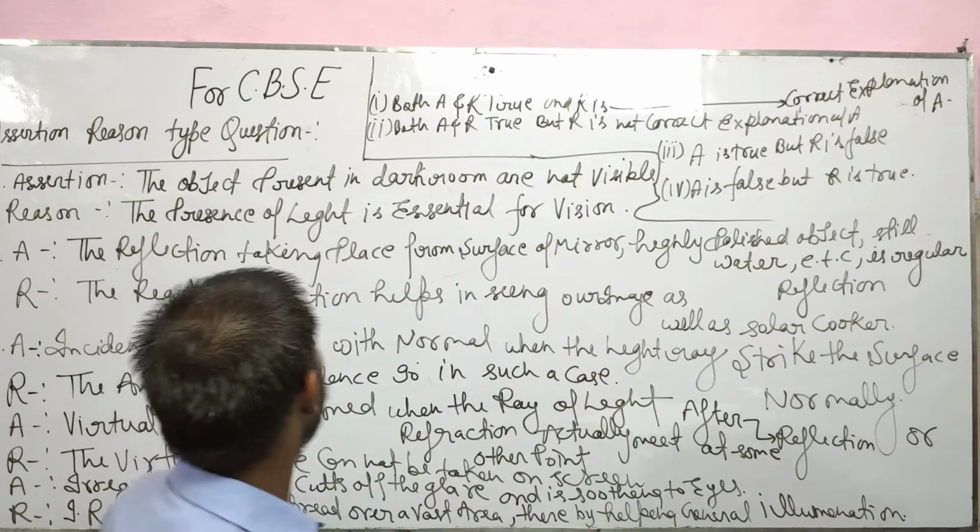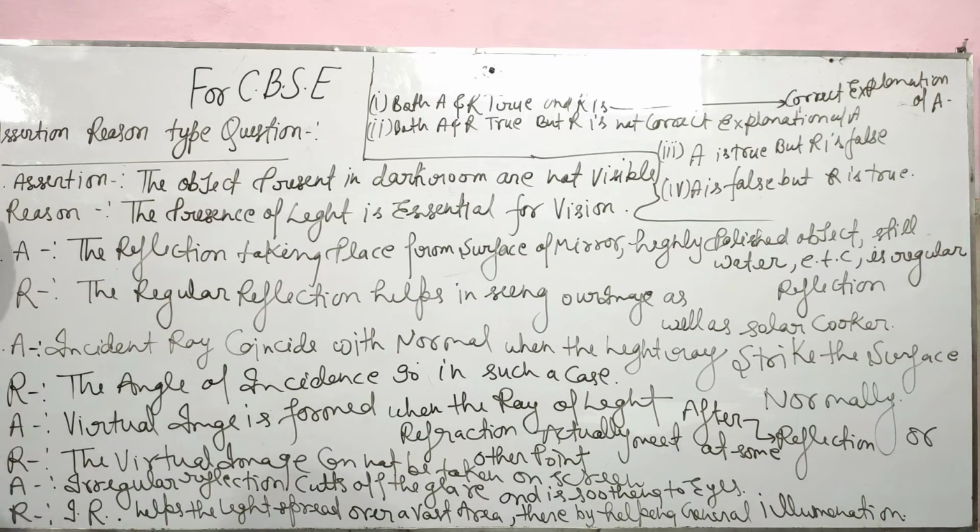As an example, these are 5 questions: 1, 2, 3, 4, 5, each labeled assertion and reason.